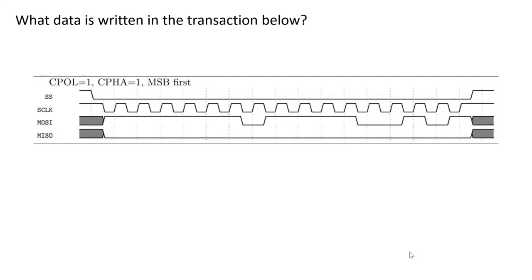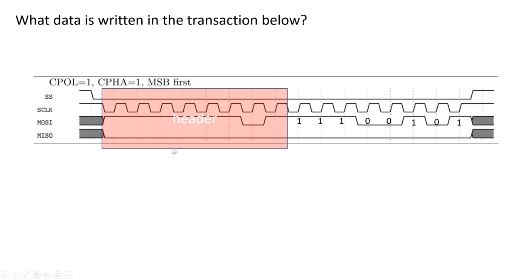What data is written in the transaction below? Okay, so this one's a little confusing because this is an SPI transaction, which includes two exchanges. The first exchange is the address and basically the header that the master sends over, and then the second exchange is when you actually do the write, assuming it's a write operation.